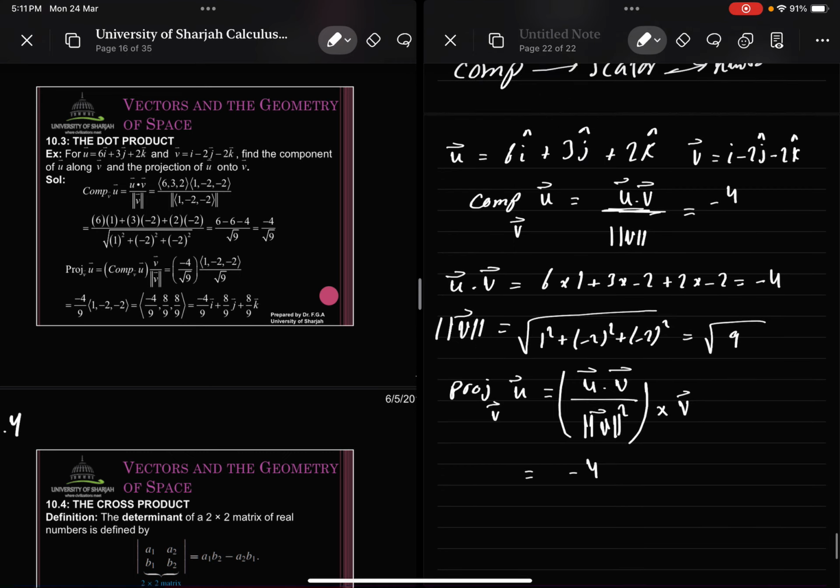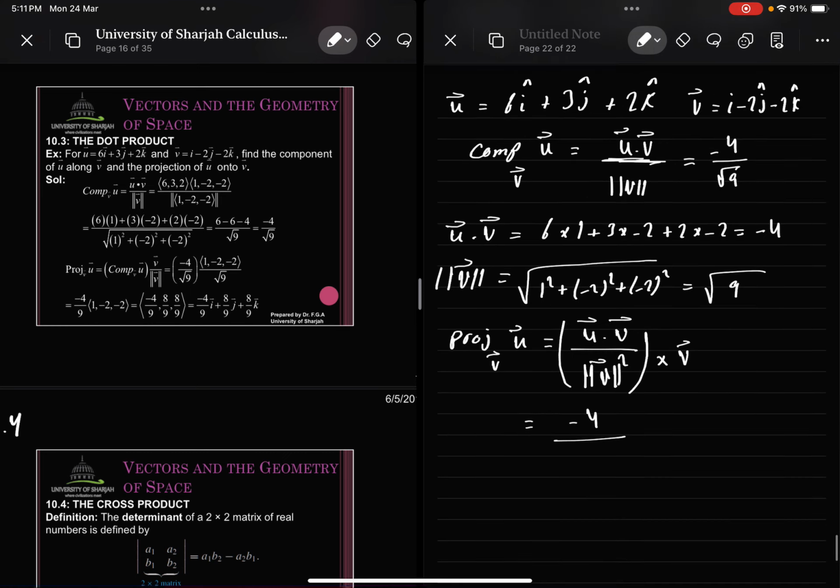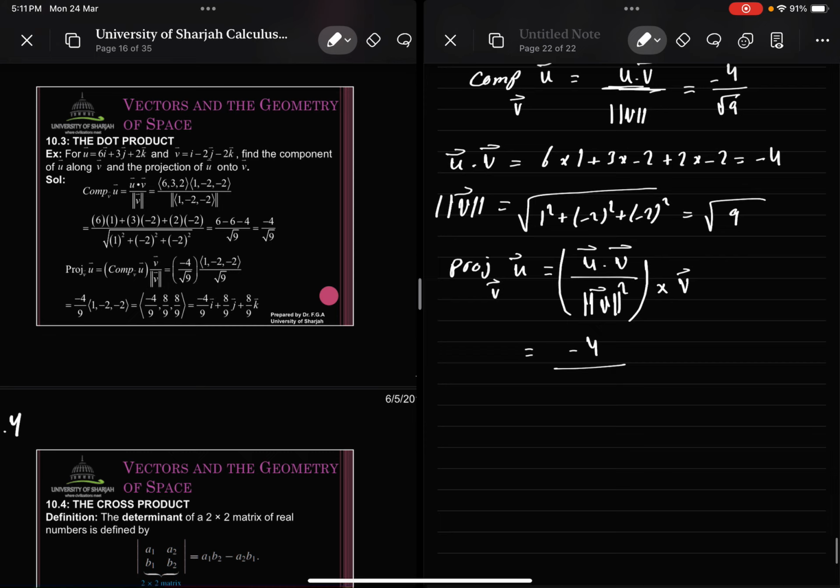So here I will write negative 4 over square root of 9, squared. The power of 2 will cancel with the square root, so it will be 9.